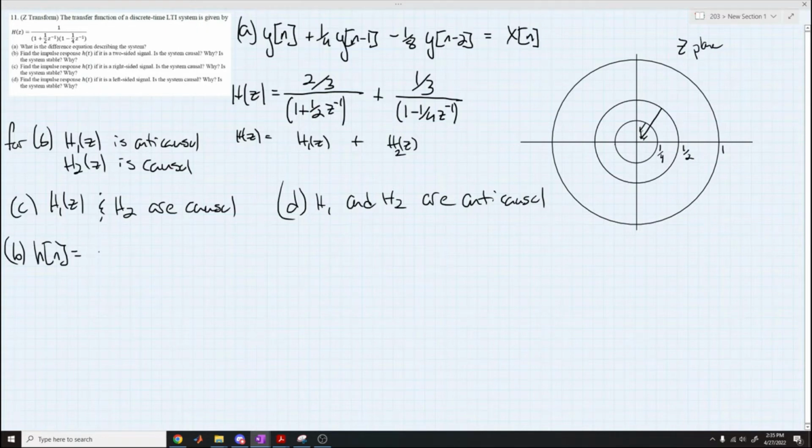We have a constant coefficient, and if you look at the transform, when we have that anti-causal signal, we have to include that minus sign, so we'll have minus 2/3 times minus 1/2 to the n u of minus n minus 1, and then that's going to be plus 1/3 times 1/4 to the n u of n, because like we said here, H2 is the causal part. And then it asks, is the system causal? Let's just take a look.